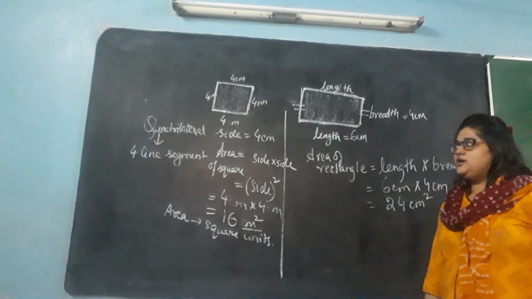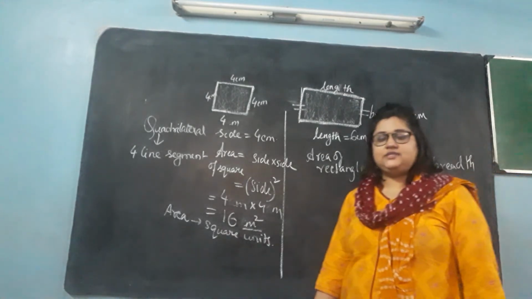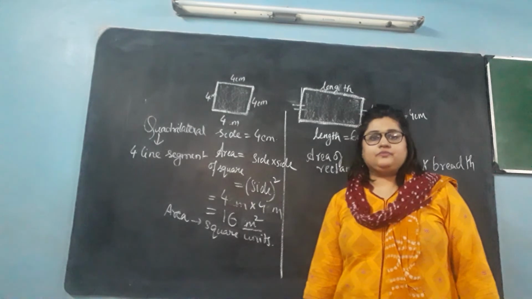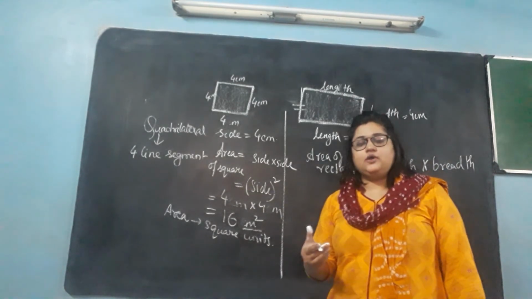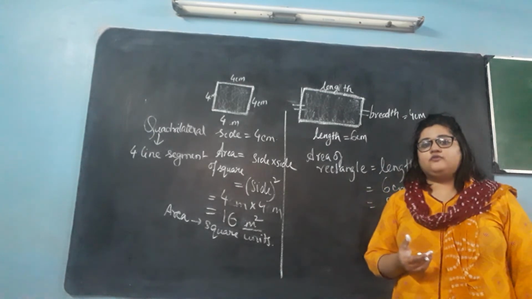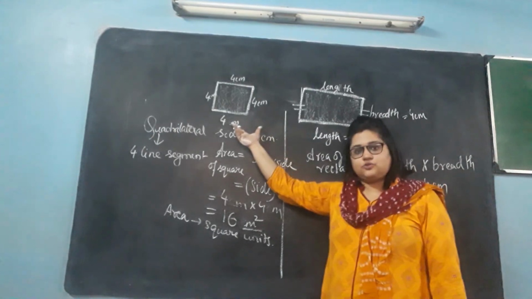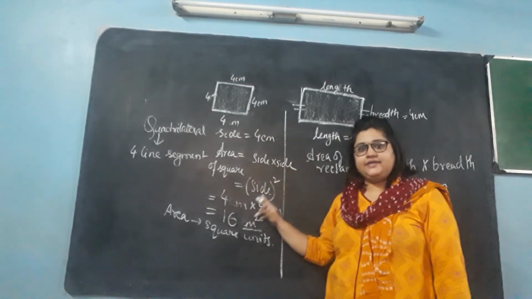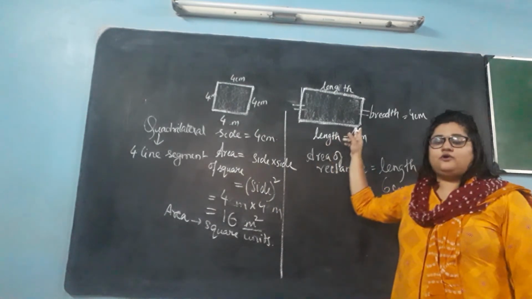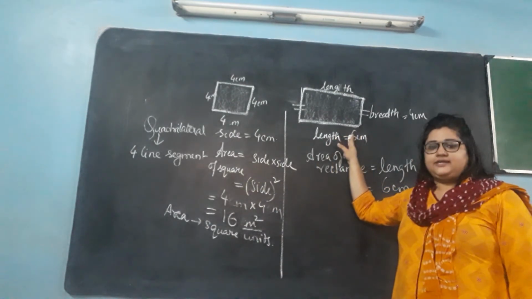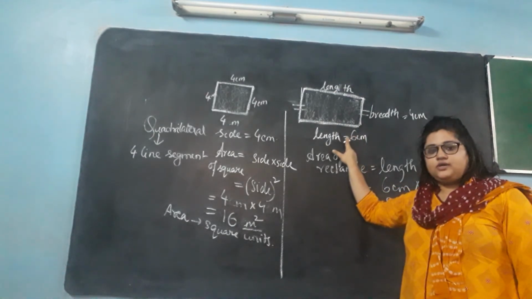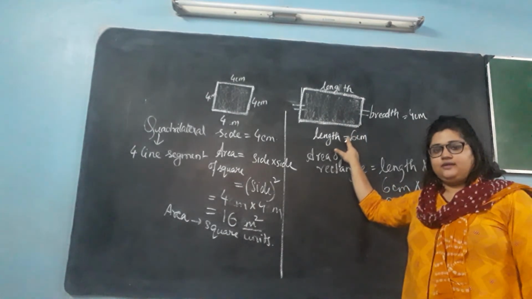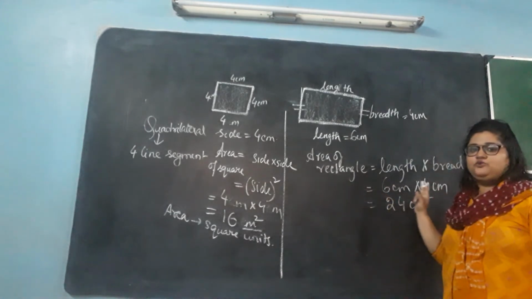So the formula of area is different for different geometrical figures. So here we come to know about the formula of the area of a square. It is side into side, and the formula of the area of a rectangle, to find the inside space of the geometrical figure rectangle, is length into breadth.